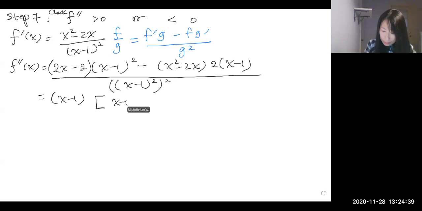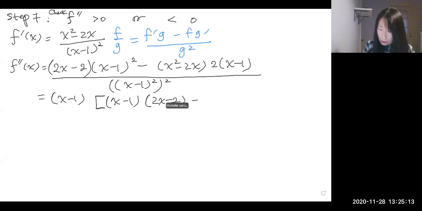Then x minus 1 left, and then 2x minus 1. I'm sorry, 2. And minus, we factor out with the x. How about this? Let me just do it. I want to do one step, but anyway.